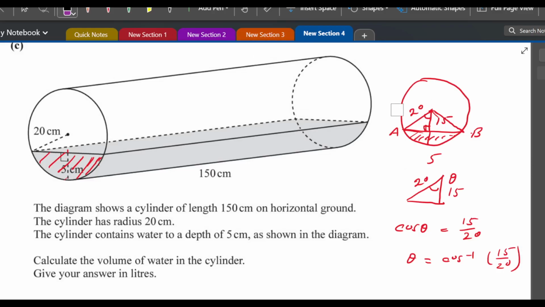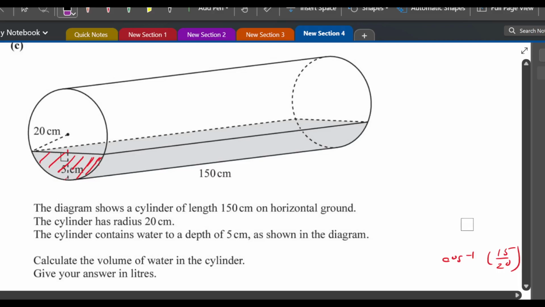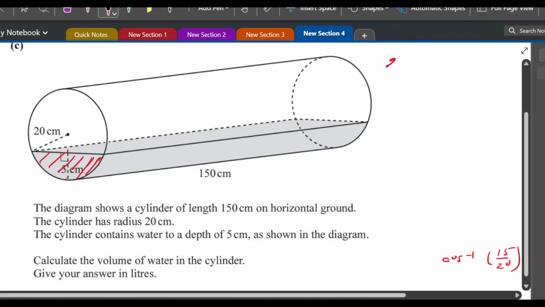So what is 2 theta? 2 theta will be your 2 times cos inverse 15 by 20. Right? Now area of sector minus area of triangle.